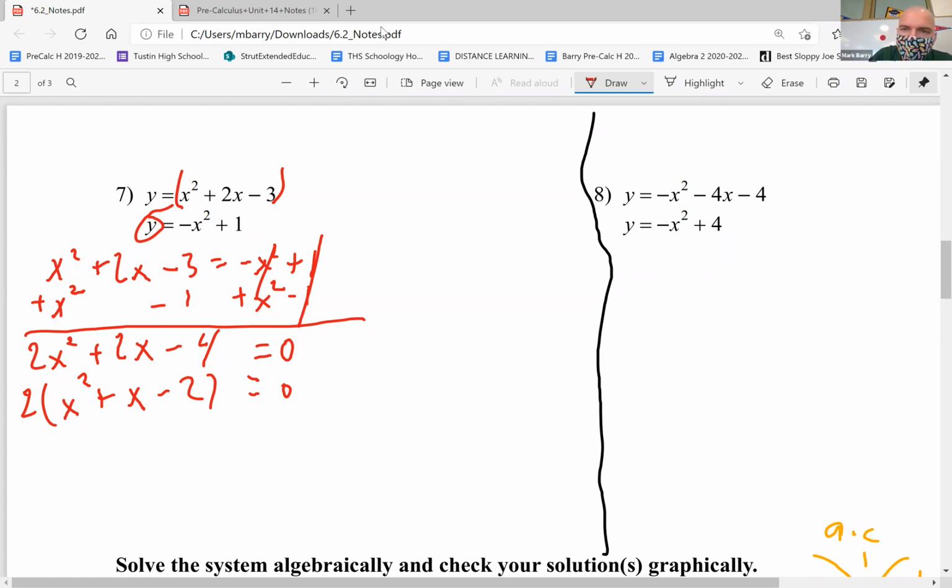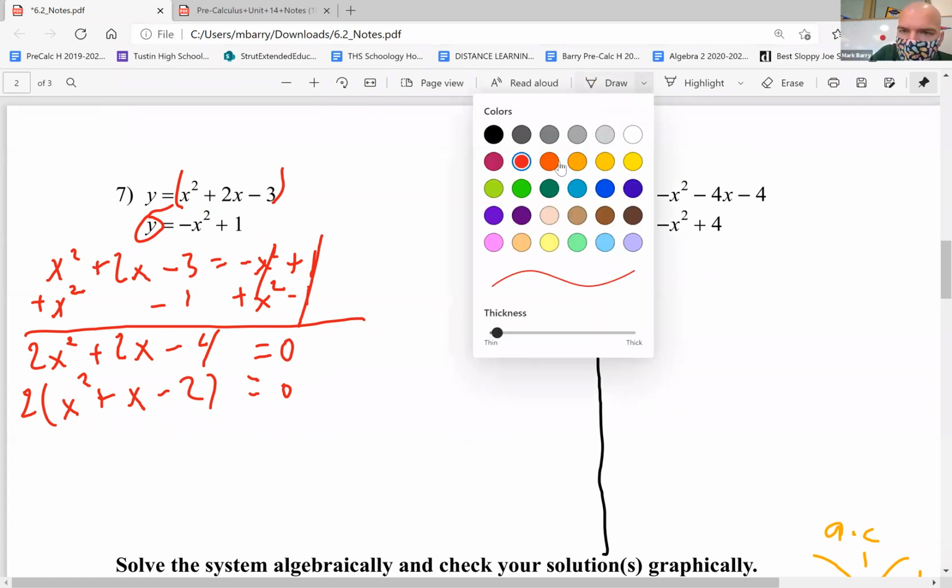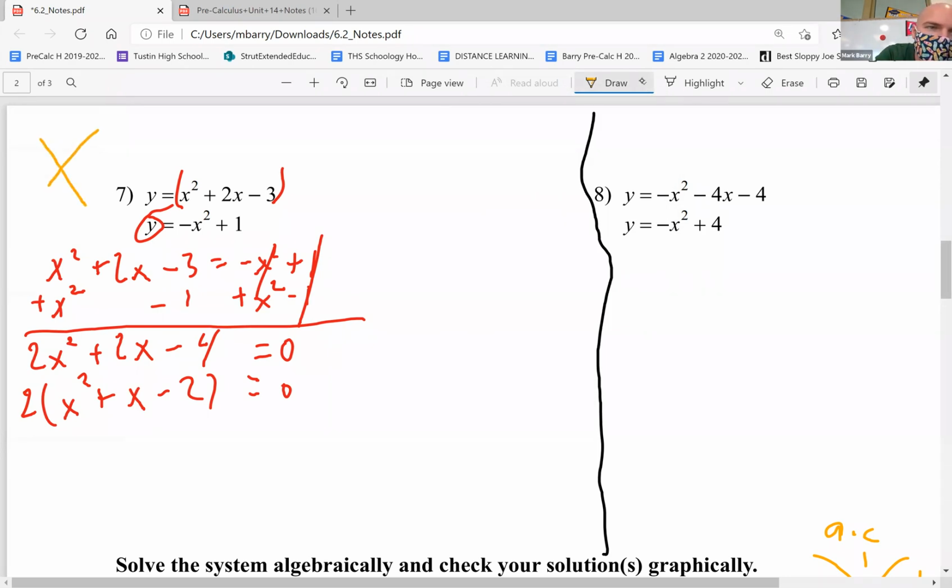Anytime all your coefficients can divide by the same number, you can always do that. So now I can do my little diamond thing. But I can use my a times c, which now will just be negative 2. And my b will be positive 1 because I'm doing it on the inside here, okay?